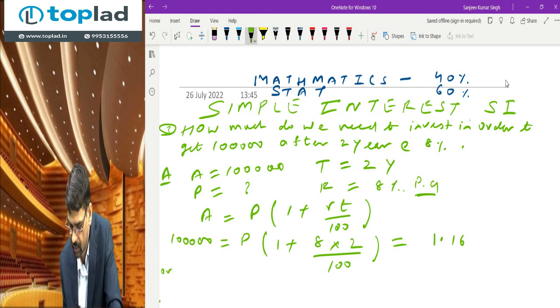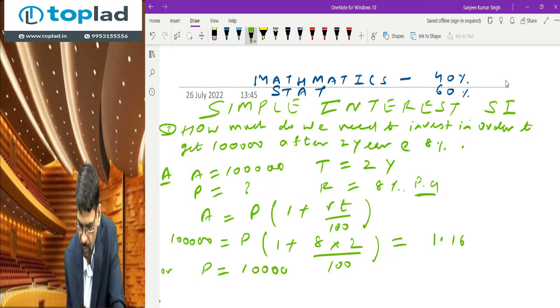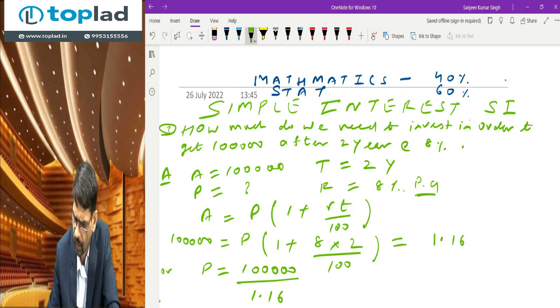So you can say P is equal to 1 lakh divide 1.16. Use a calci. One lakh divide 1.16.